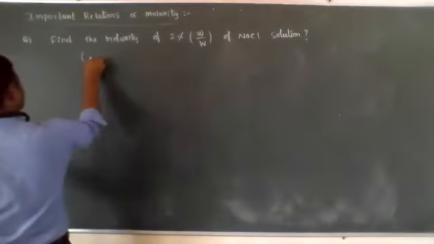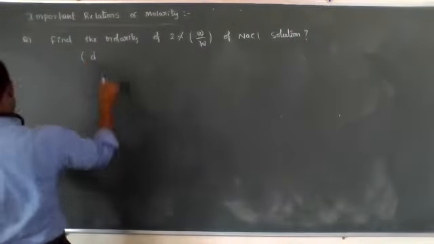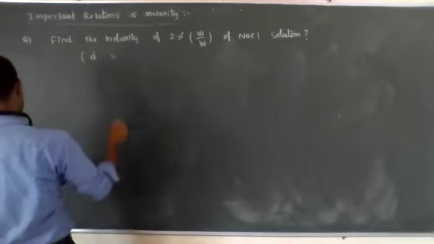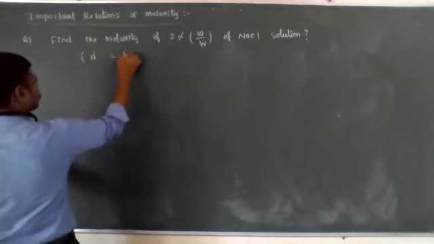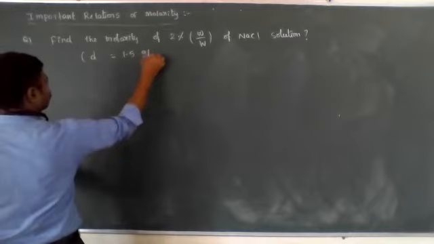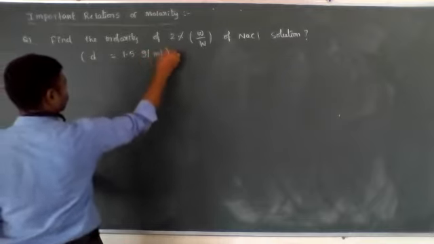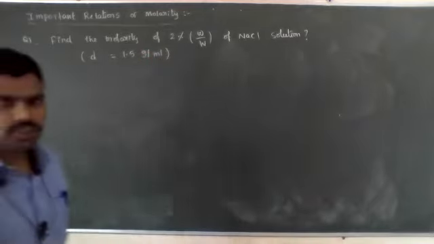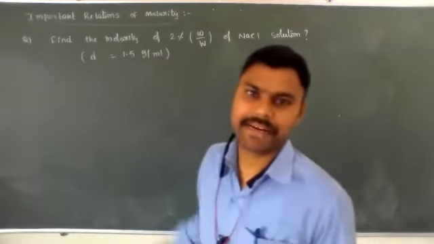Brackets, density is equal to 1.5 gram per ml. So the density of the solution they given and weight by weight percentage they given.